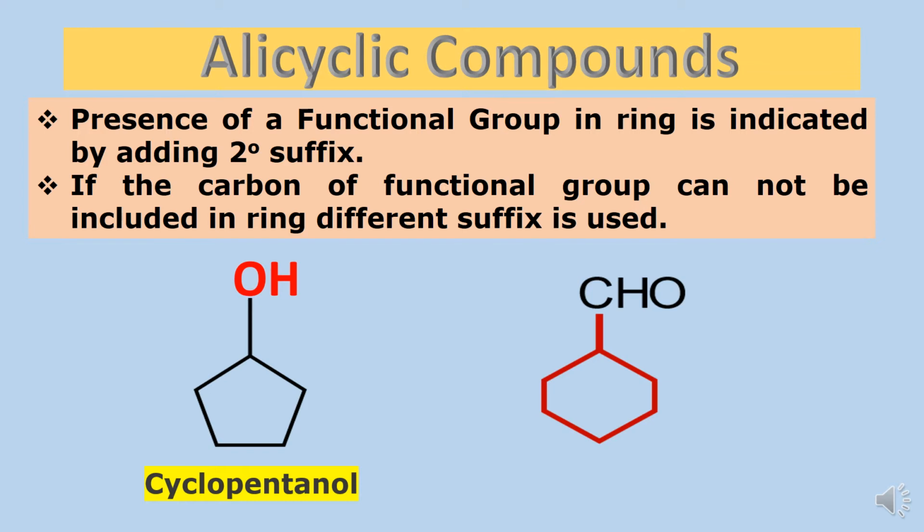Here you can see that an aldehyde group is present, which is directly attached to the ring, but this carbon of the aldehyde group cannot be included in the ring. Here the secondary suffix al will not be used, rather carbaldehyde will be used, and the name will be cyclopentane carbaldehyde. So for all functional groups like COOH, CN, cyanide group, carboxylic acid, the suffix will be changed if these carbons cannot be included in the ring or the chain.